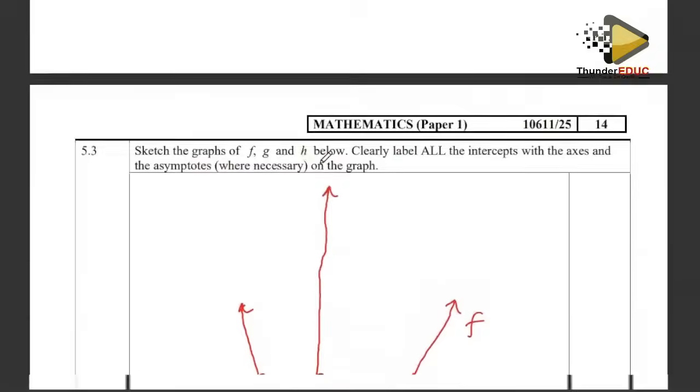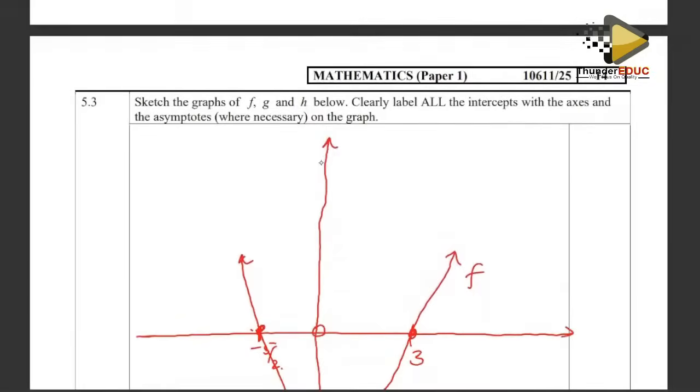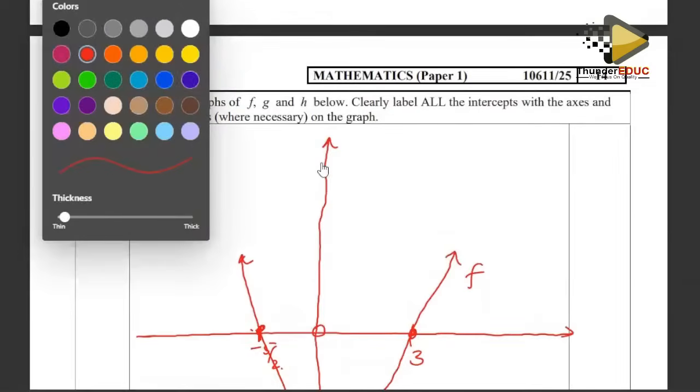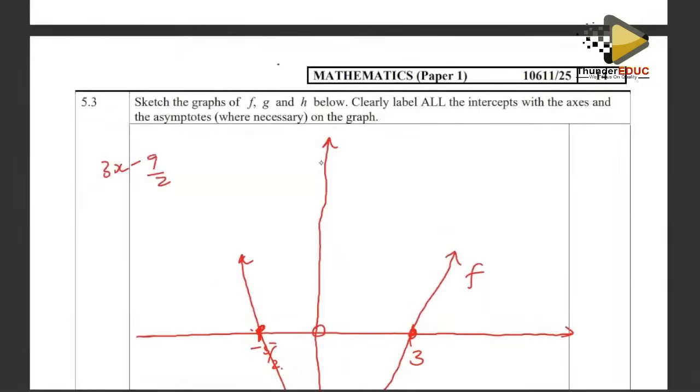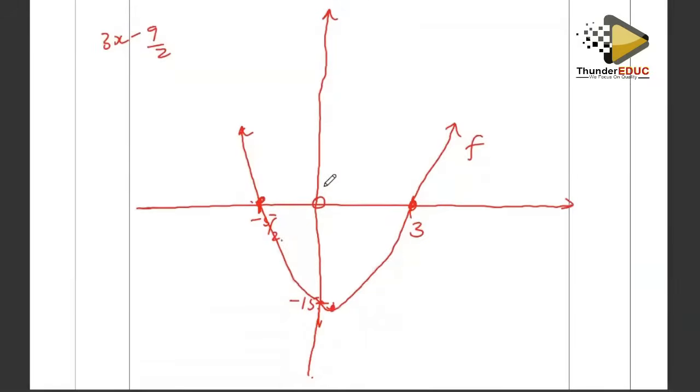And then 2, we need g. Remember, g was 3x minus 9/2. So if I'm to interpret this, I need to look for the x-intercept and y-intercept. This is the y-intercept, which is -4,5, somewhere there. I can say it's negative 9/2.